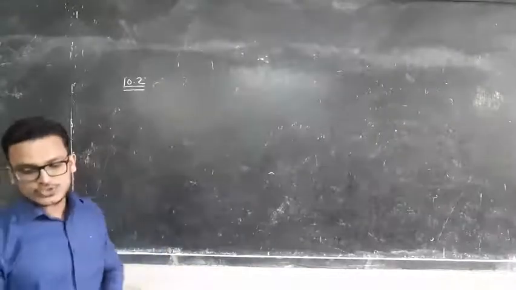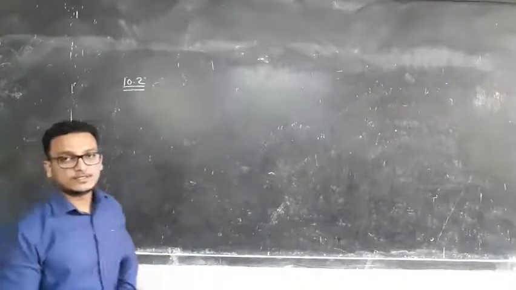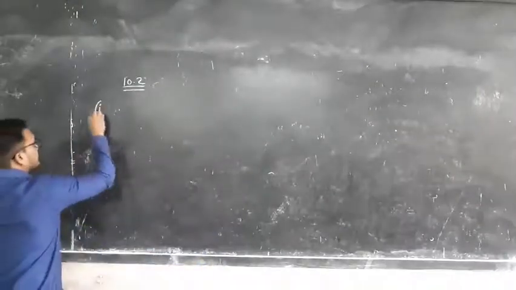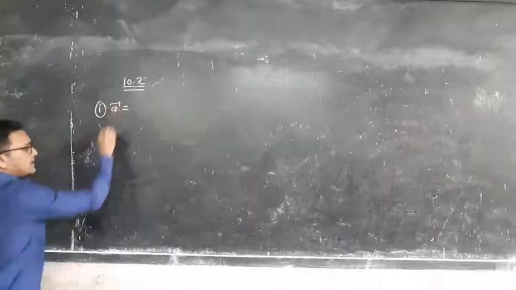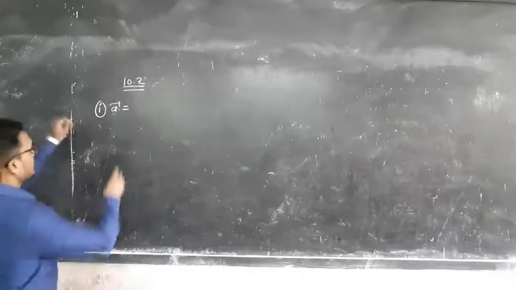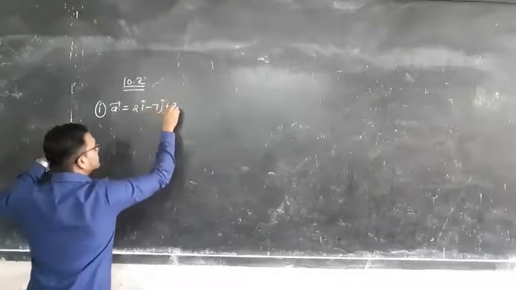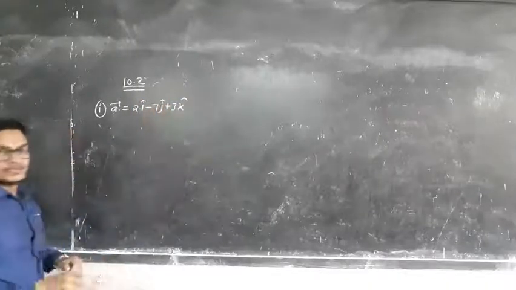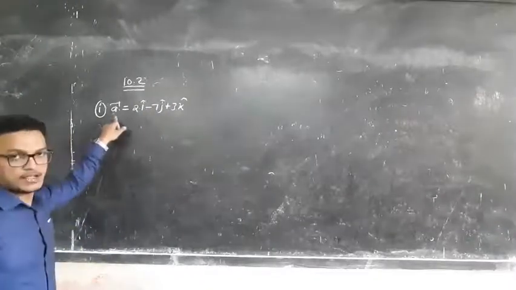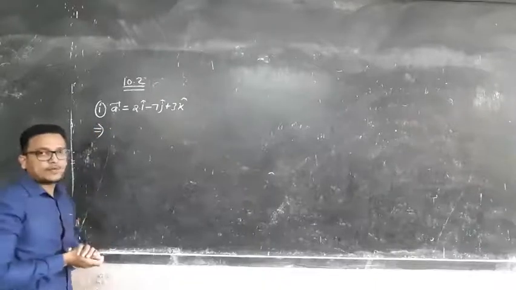The first question is: find the magnitude of the vector. In the first example, vector A is equal to 2i minus 7j plus 3k. You have to find the magnitude of this vector A. I told you earlier, this is the component form.